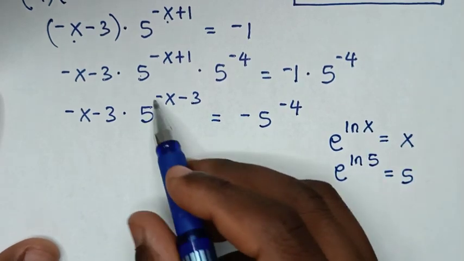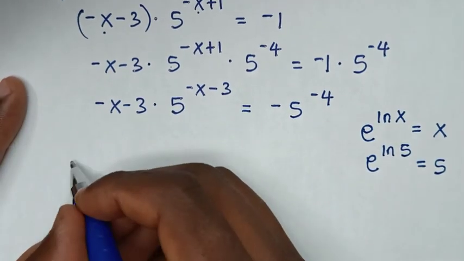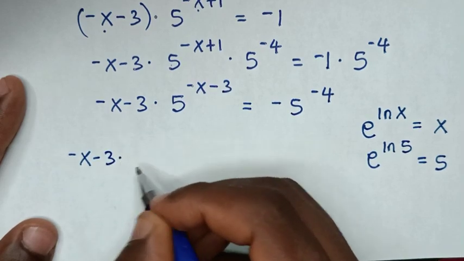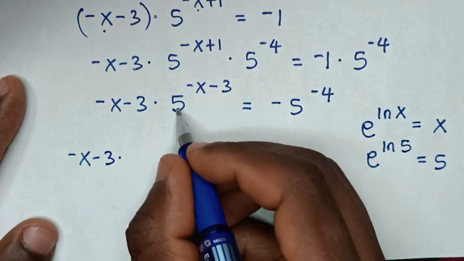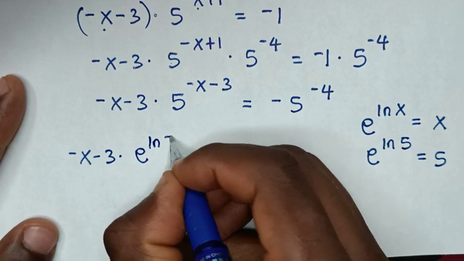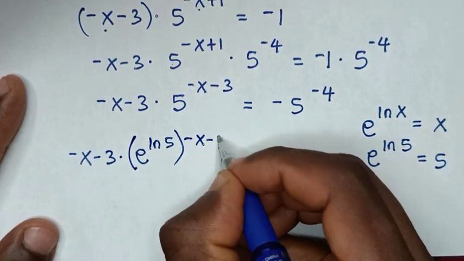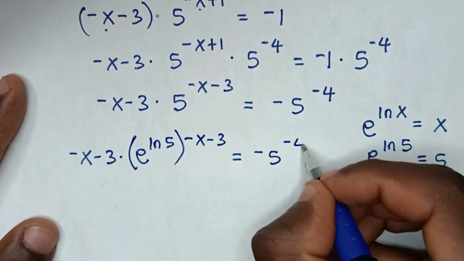So in this position of 5, we'll substitute this. So it will be (−x − 3) times e^(ln 5), where this 5 is substituted, so it will be e to the power of ln 5, then (−x − 3) is equal to −5^(−4).